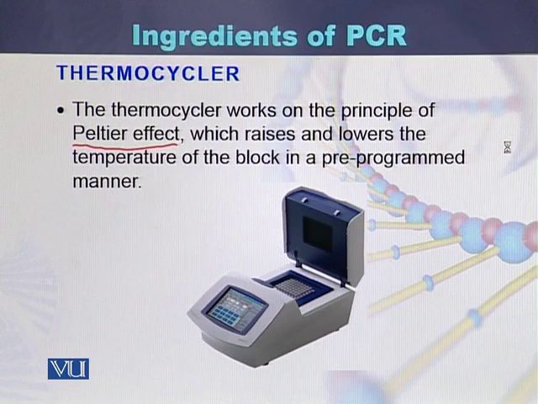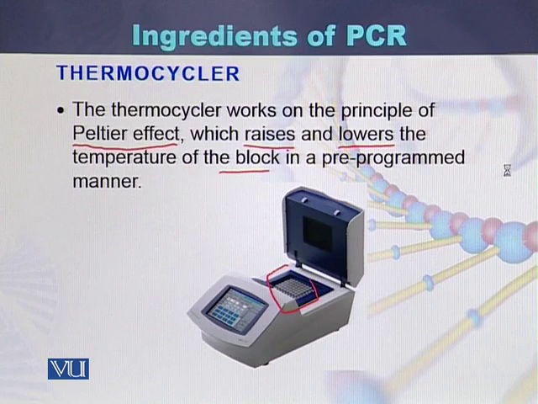Once we have to increase the temperature, and during the next step we have to decrease the temperature. Such a process is called the Peltier effect. So the Peltier effect raises and decreases the temperature in a block. This is the block of the PCR.